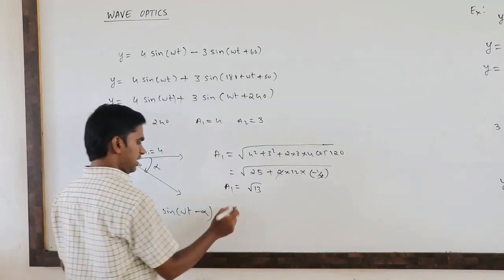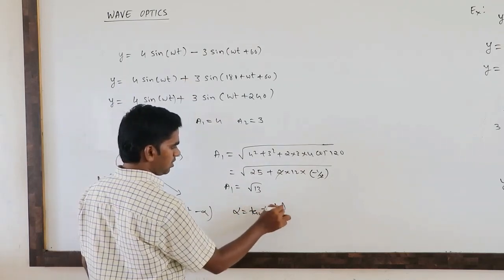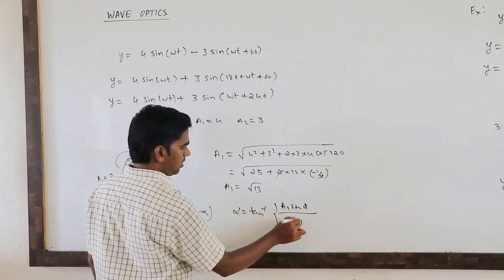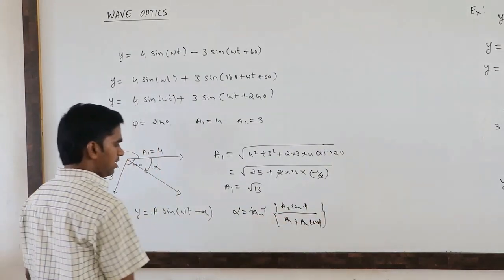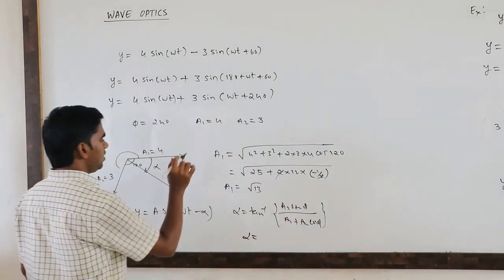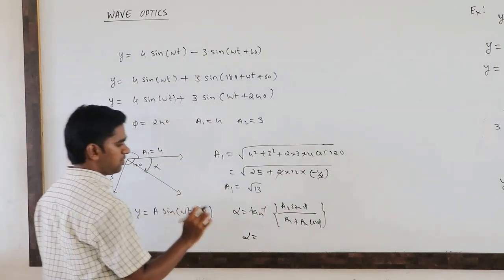So how can we find alpha? As usual, the standard equation: tan inverse of a2 sin phi divided by a1 plus a2 cos phi. So you can do the calculation, and you will get the alpha value. Wherever phi is there, you can substitute cos as minus 1 by 2 directly, or you can substitute the value 120.